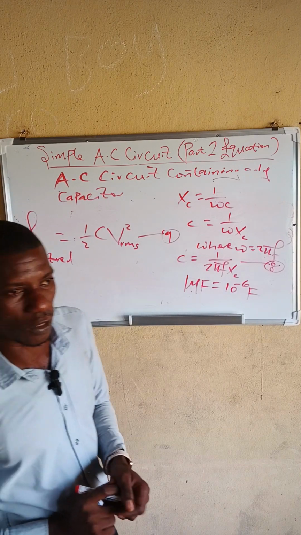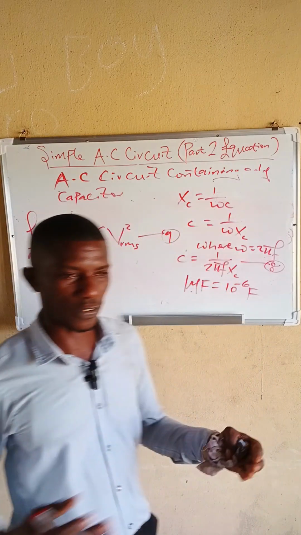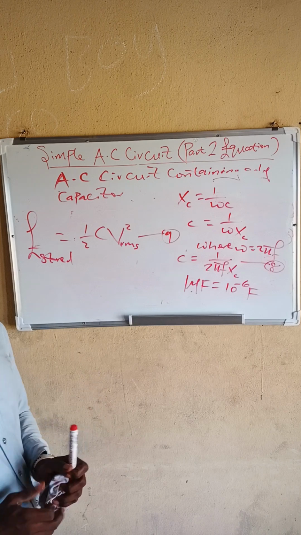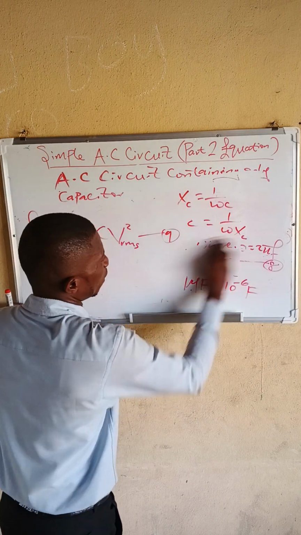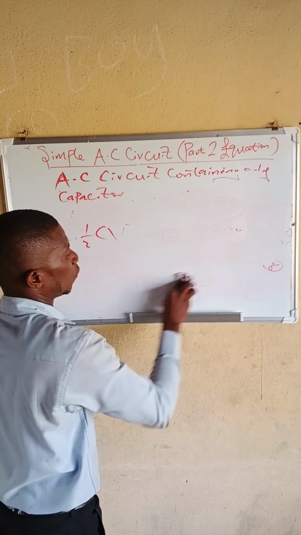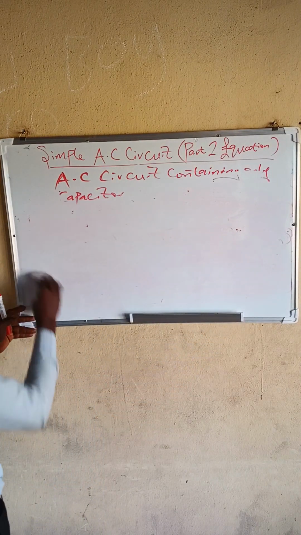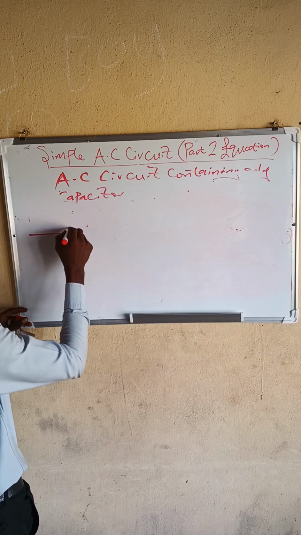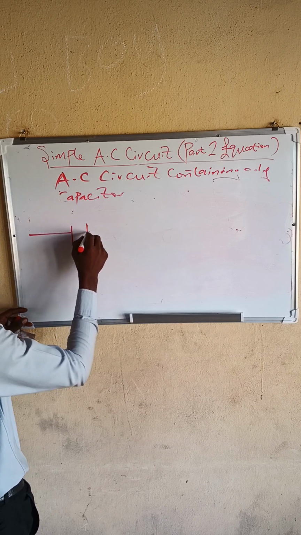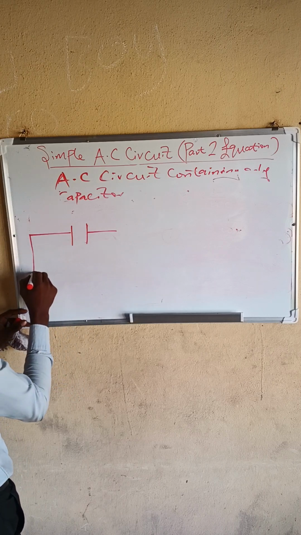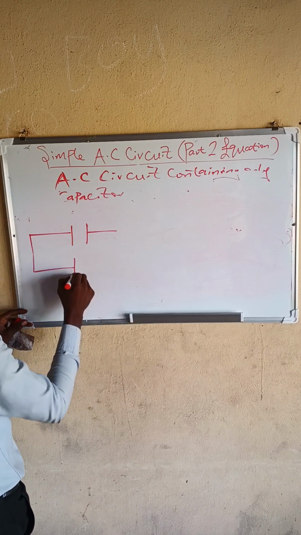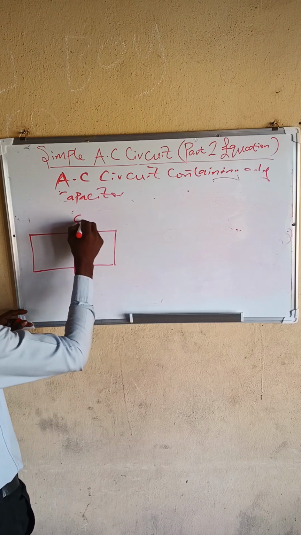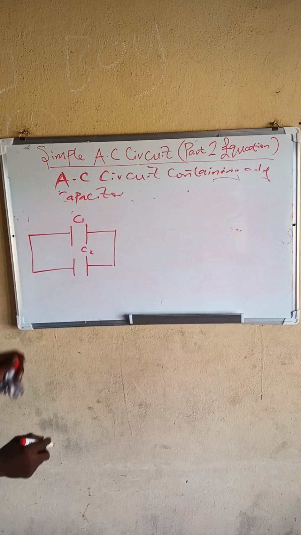But if your capacitors are connected in series or in parallel, let us demonstrate a little thing. Let's say your capacitors are connected in parallel like this, C1 and C2.